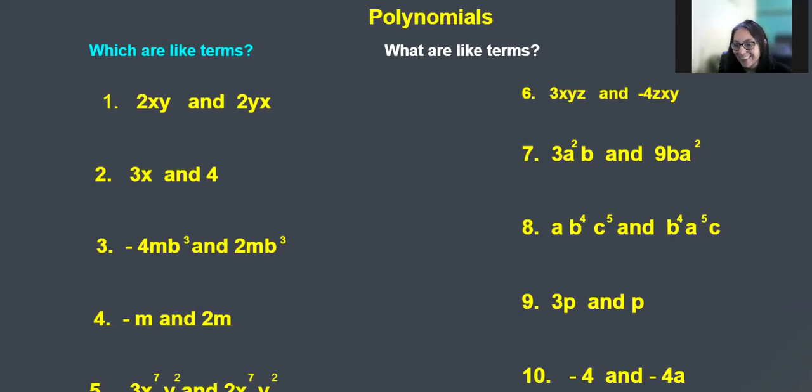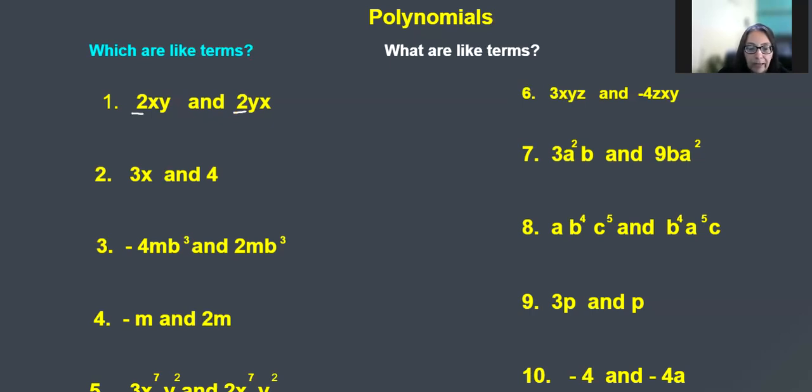Let's take a look at the first one. I have 2xy, or 2 times xy, and 2 times yx. Are they like terms? Well, we don't care about the number. That doesn't have anything to do with whether or not they're like terms.